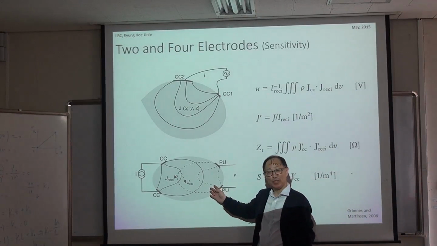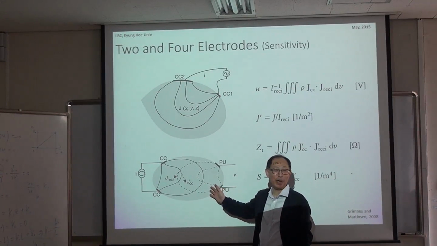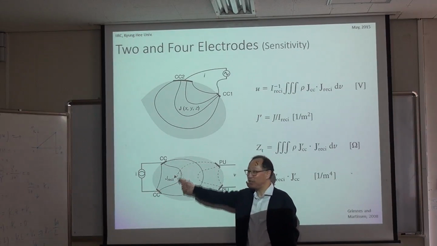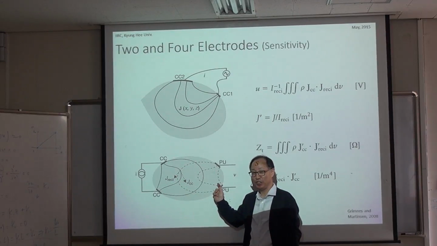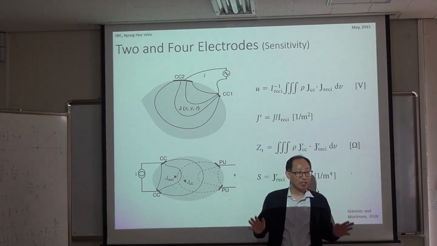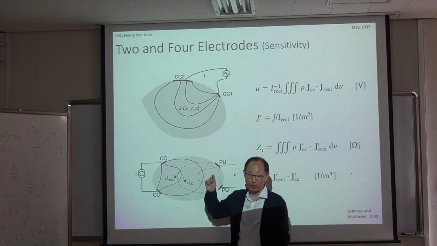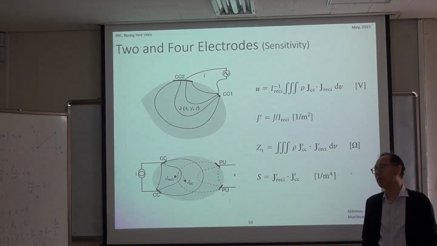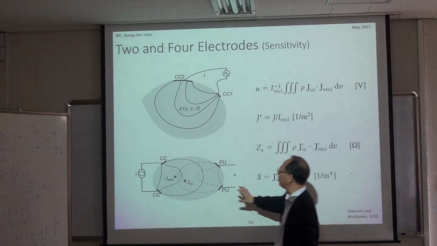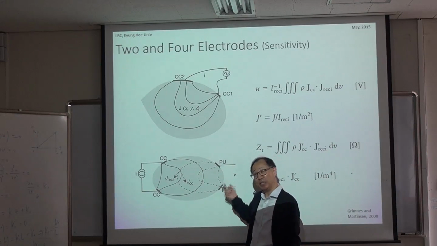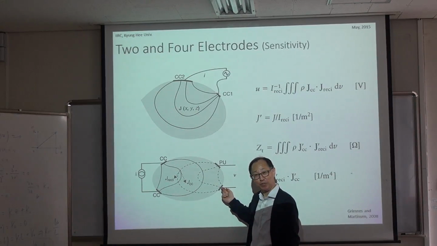Is this bad or not? In some sense, this is bad. Okay? If you don't know the sensitivity distribution, then this is bad because you don't know how to handle it. If you don't know which part has positive sensitivity, which part has negative sensitivity, if you don't know that kind of sensitivity map, then there's no way you can interpret the measured data from this case.